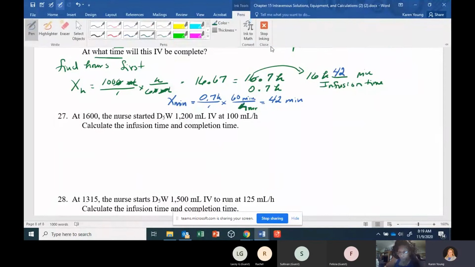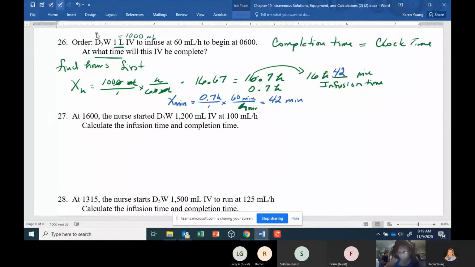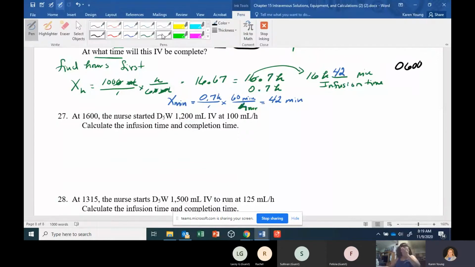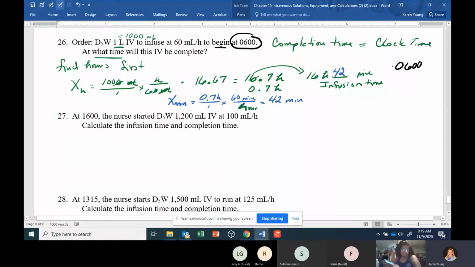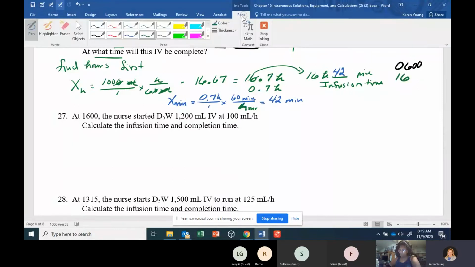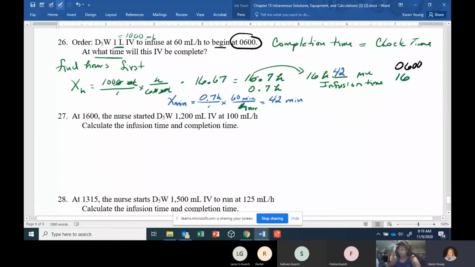All right. So now to find the completion time, we're going to take our start time. If it begins at 0600, that's our start time. Then we're going to add our hour. And remember, in 24-hour clock time, military time, the first 2 digits are our hours. The last 2 digits are our minutes.